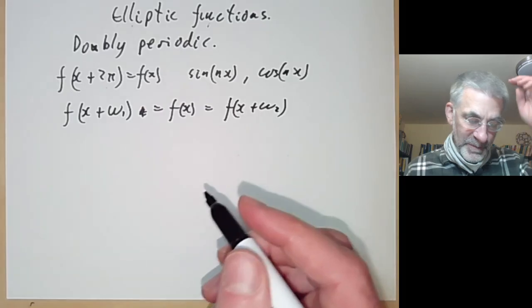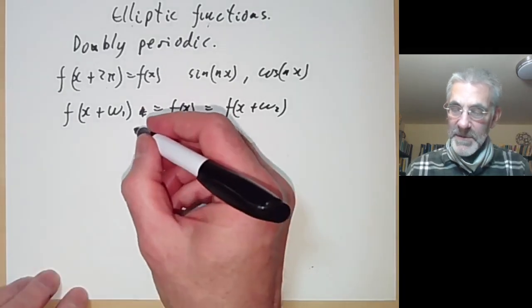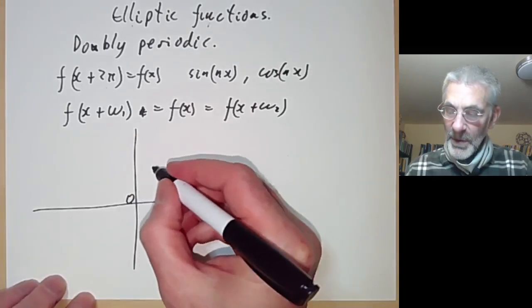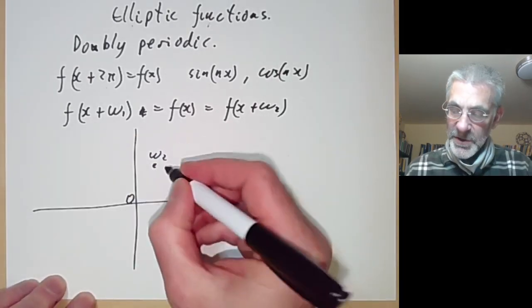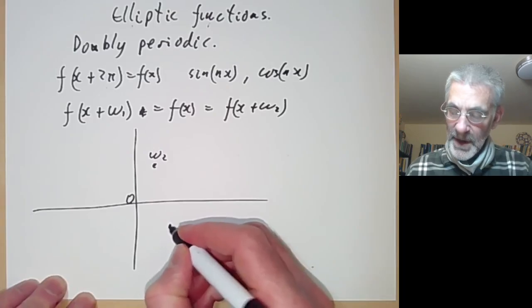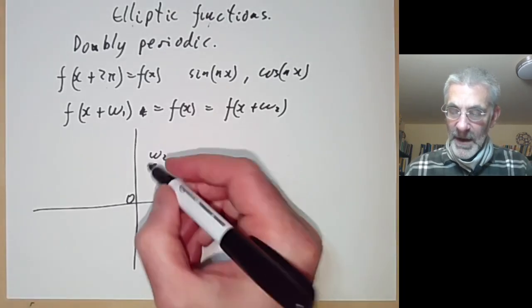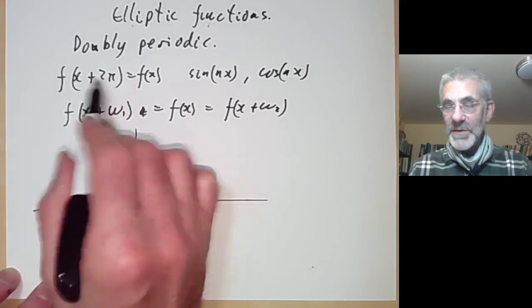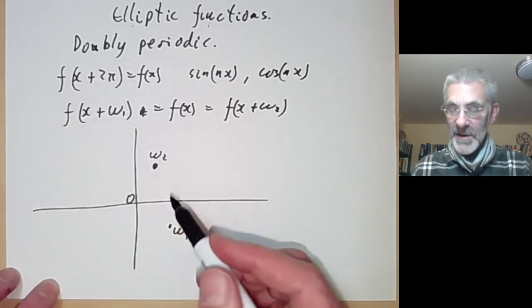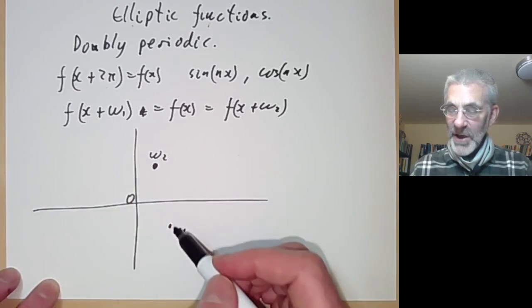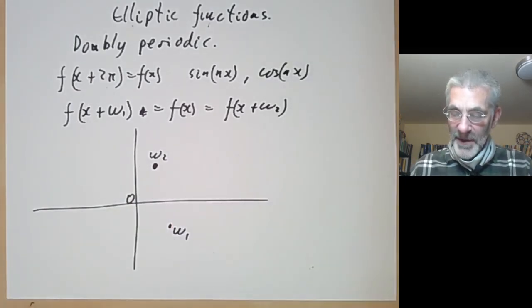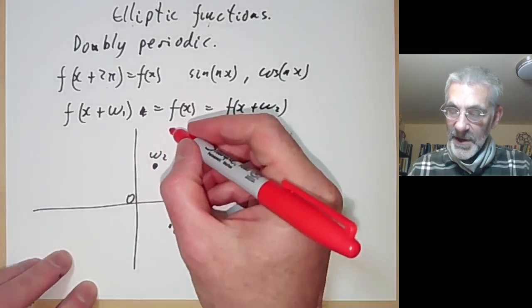You can sort of draw a picture of this. Suppose we take the complex plane with a point 0, and we might have a point omega 2 here and a point omega 1 somewhere down here. Just as if a function has period 2 pi, it also has period 4 pi and 6 pi and so on, if a function has periods omega 1 and omega 2, then it also has periods that are any integer linear combination of these.